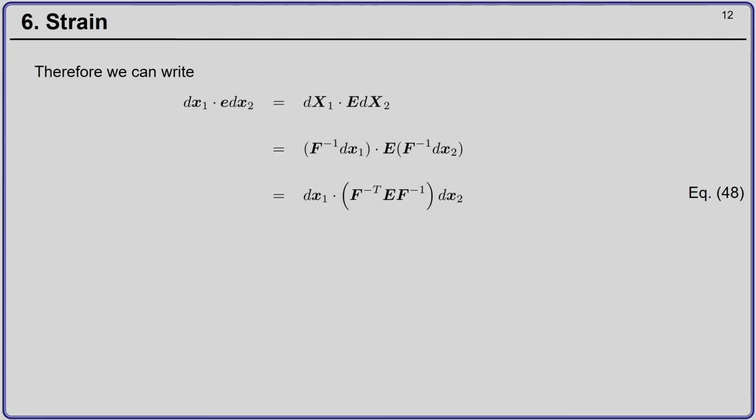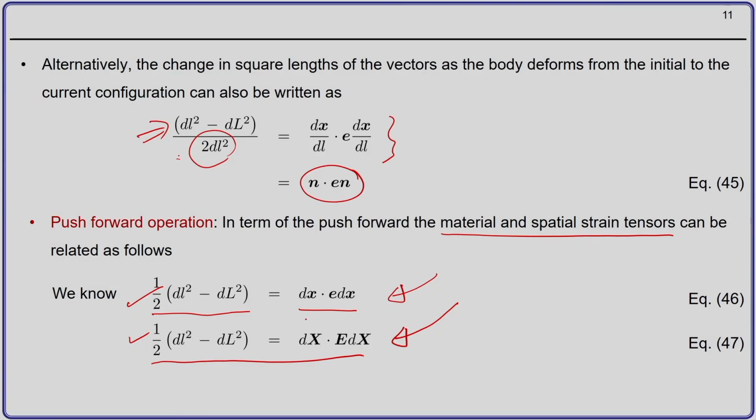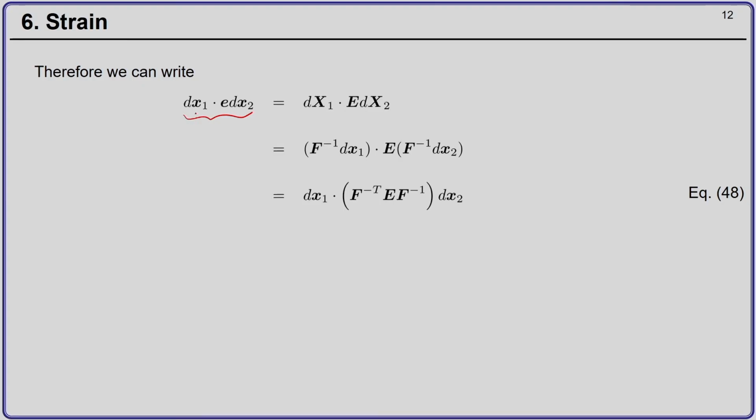That means I can write dX1 dot E dX2. Now, for a special case, I will consider two different vectors instead of the same vector. So, instead of dX I will write dX1. So, dX1 dot E dX2 will be the same as dx1 dot e dx2.